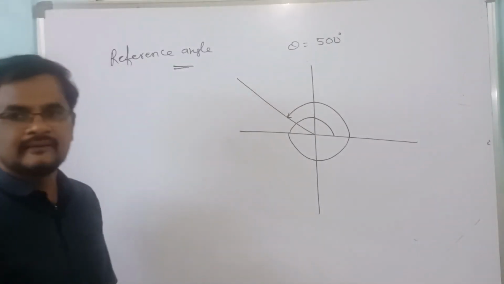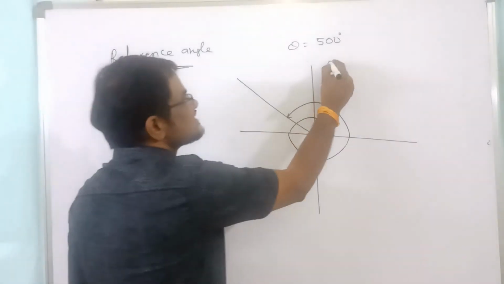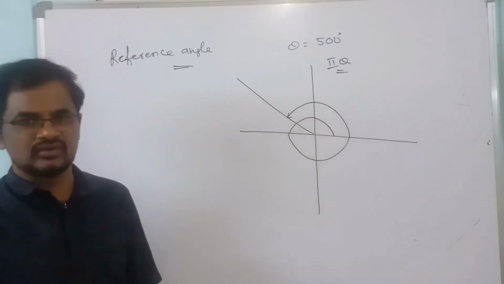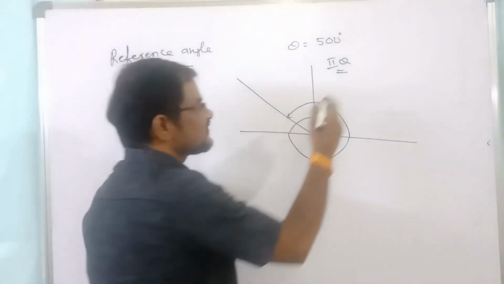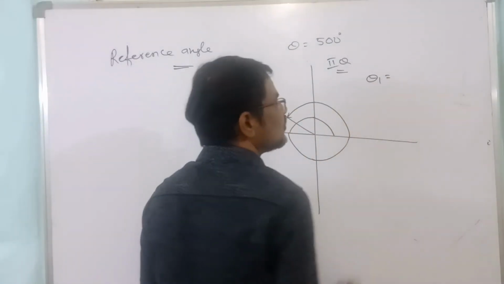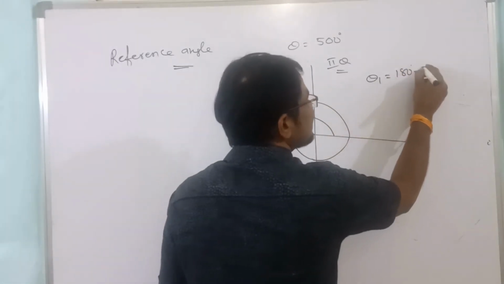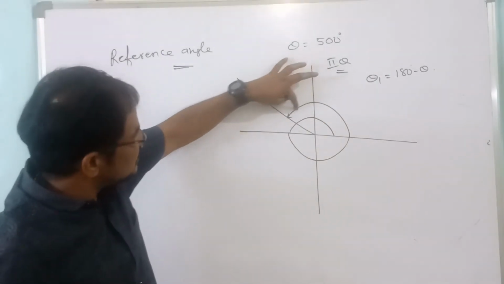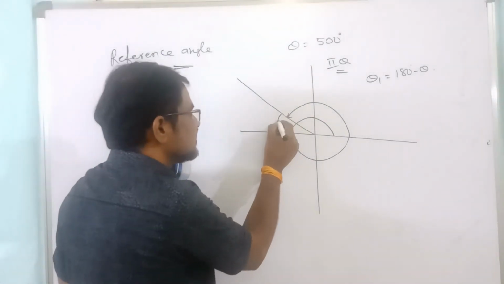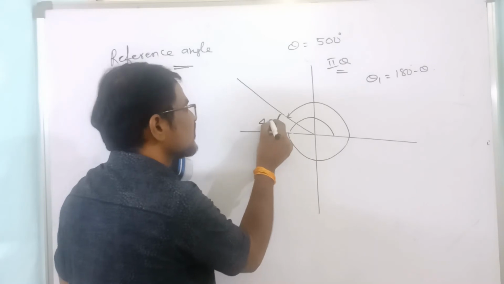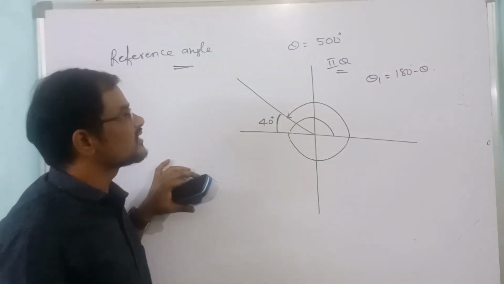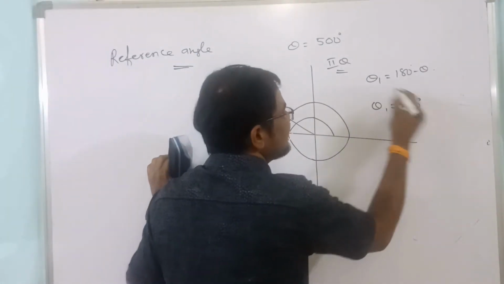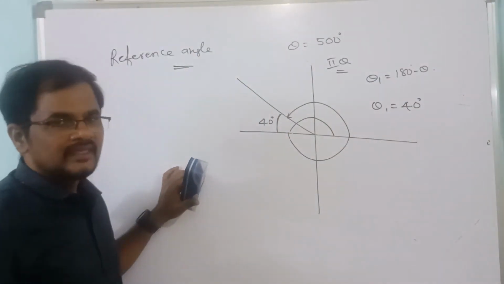Means which quadrant? Second quadrant, right? So angle lies in second quadrant. So what about the reference angle in second quadrant? Theta 1 equal to 180 minus theta, right? So here to here 50 means definitely here to here 40 will be there. So what about the reference angle? 40 degrees. Okay.